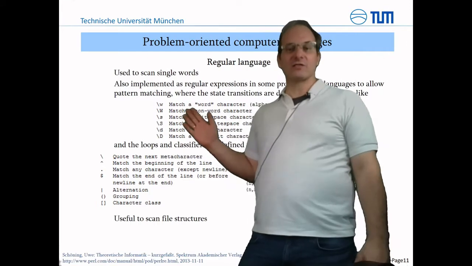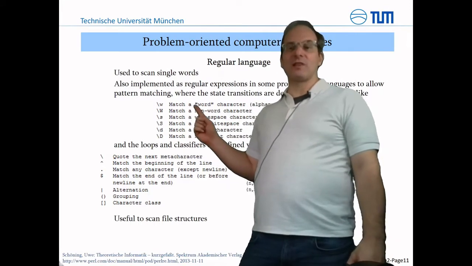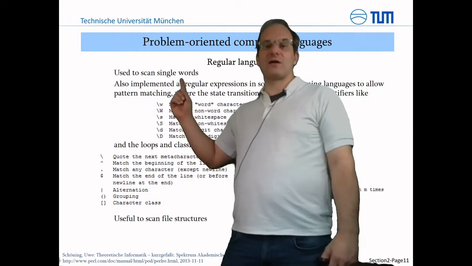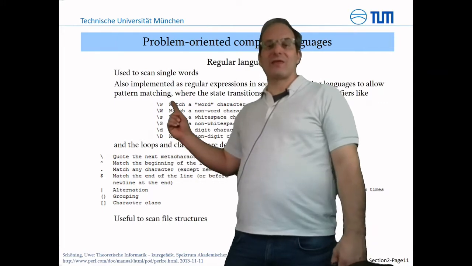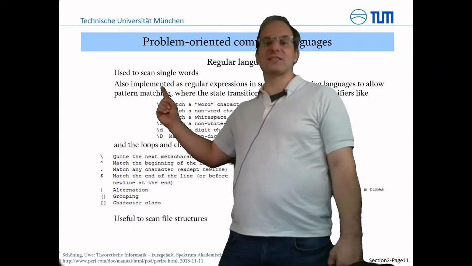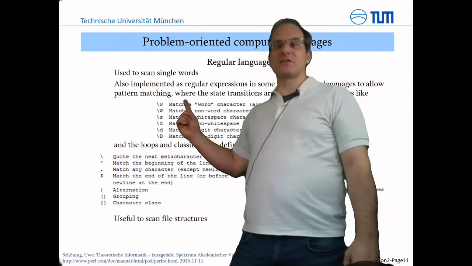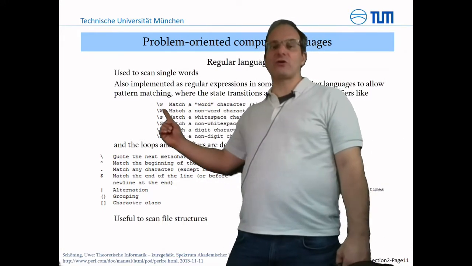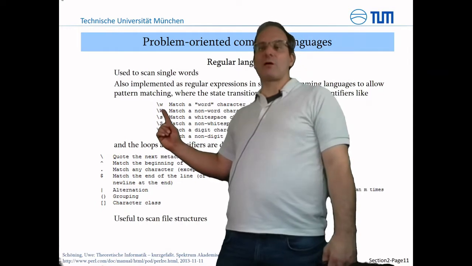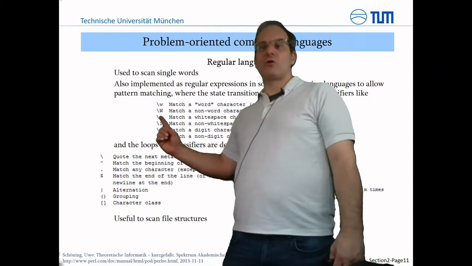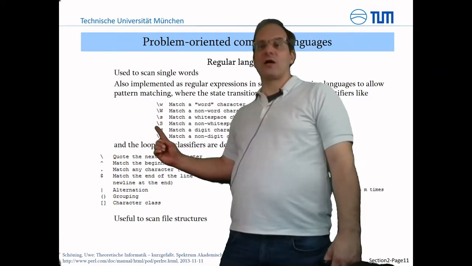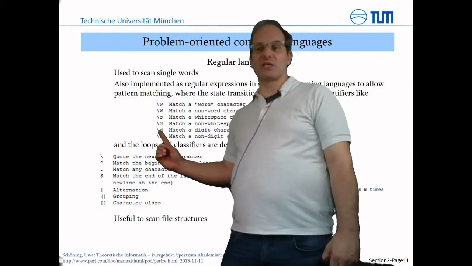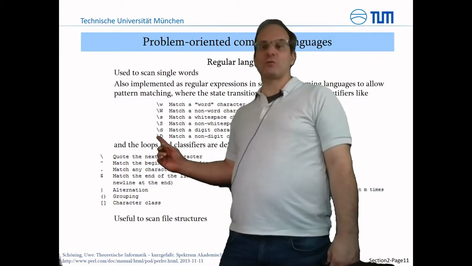of specific characters, for example, with special acronyms, special shortcuts telling that, for example, this is a word character, meaning an alphanumeric character, followed by a non-word character, or a white space, or a non-white space, or a digit, or a non-digit, and so on.